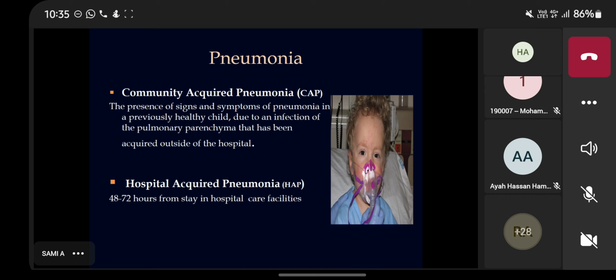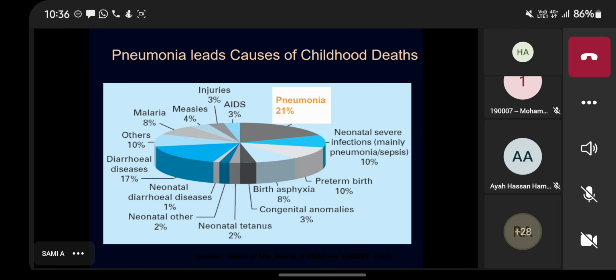So community-acquired pneumonia, you need to have the presence of signs and symptoms of pneumonia in a healthy child who has acquired it from the community. While hospital-acquired pneumonia, you have a child in hospital, and while being in hospital, he developed pneumonia 48 to 72 hours from stay in a hospital facility.